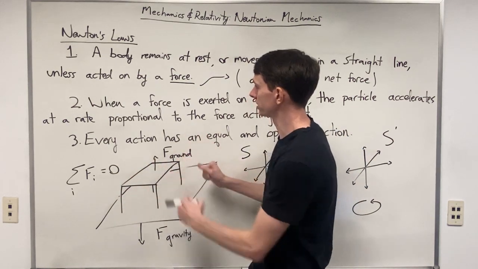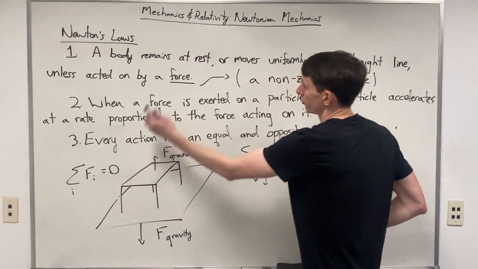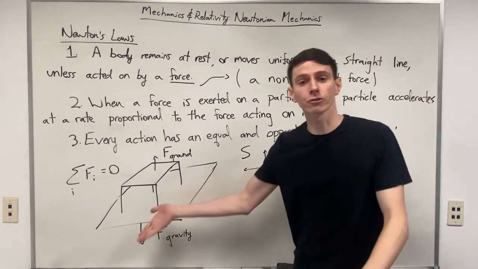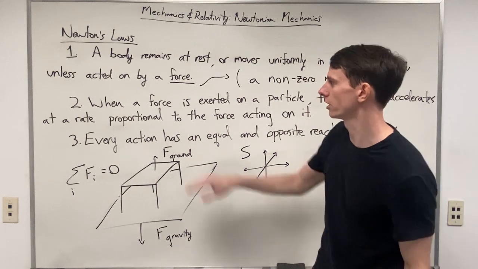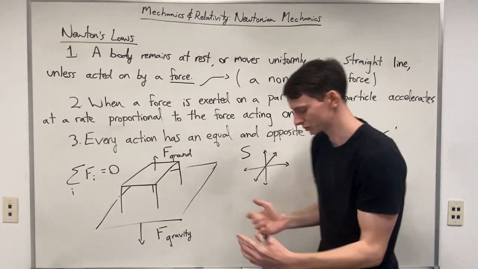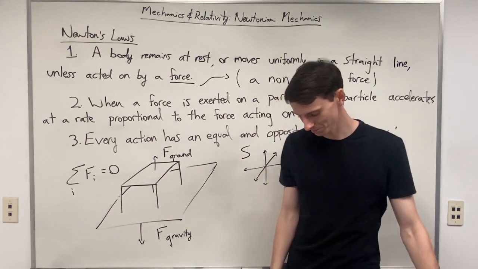So because the net forces on the table add up to 0, this particle should either be at rest or moving uniformly in a straight line. And it's at rest, so we say, okay, Newton's first law checks out there. This is if we're in the reference frame S.